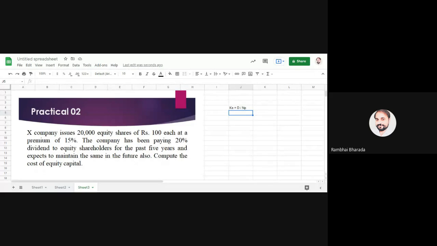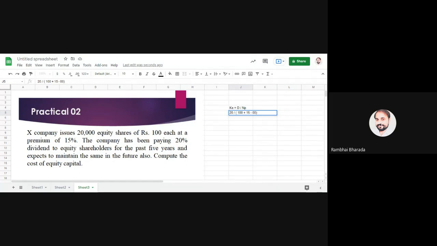Here D means dividend. Here dividend is 20%. So 20% of 100, 20 rupees, divided by NP. Here face value is given to you. How many? 100. Okay. Premium or discount? Premium. How many percent? 15%. Is there any issue expenses? No. Are we clear?